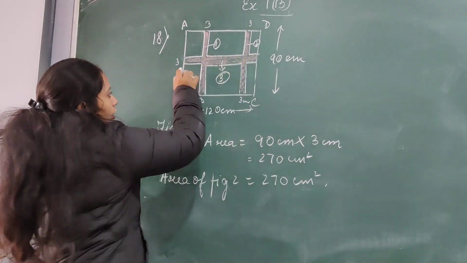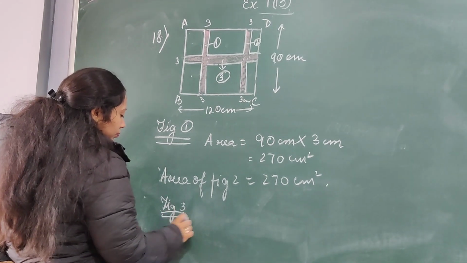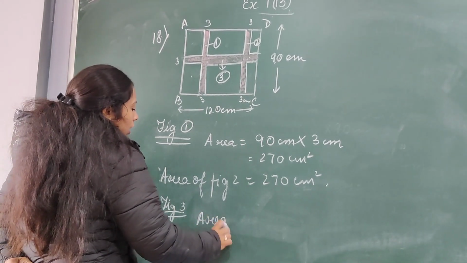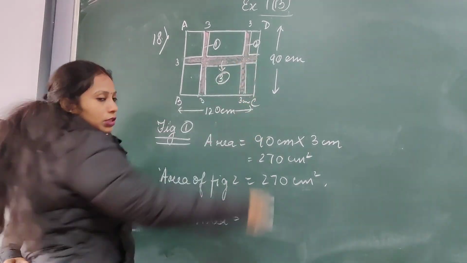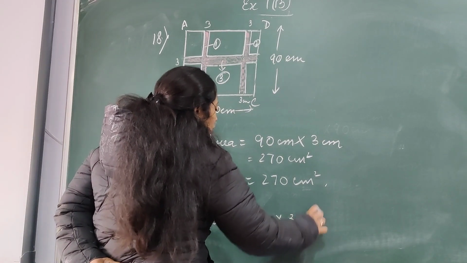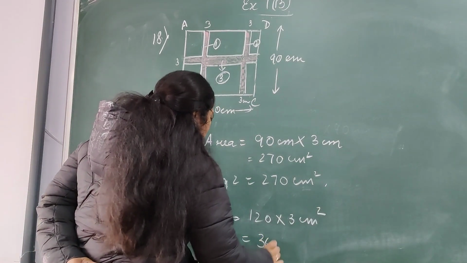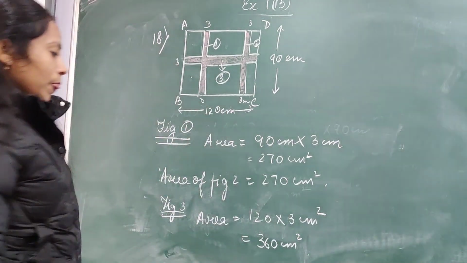Then let's find out the area of figure 3. Area will be, this total length is 120 and this breadth is 3. So 120 into 3 centimeter square. So this is 360 centimeter square. This is the area of figure 3.